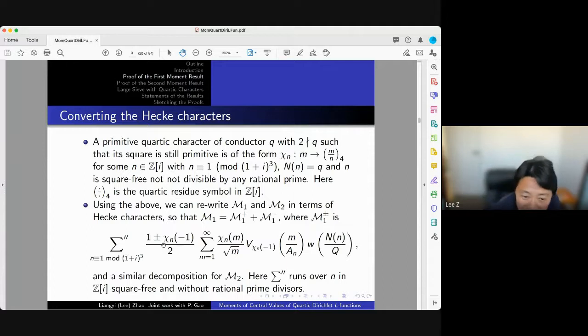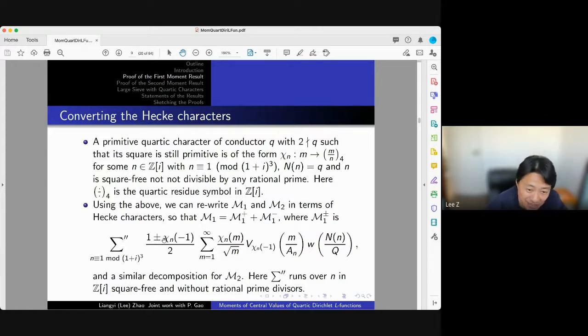So if you take a look at this plus or minus sign, or rather this decomposition of M1, basically these two terms break up the character chi sub n into even characters or odd characters. So if I'm looking at M1 plus, then this (1 + chi_n(-1))/2 is 1 if chi is even, and it's 0 if chi is odd.